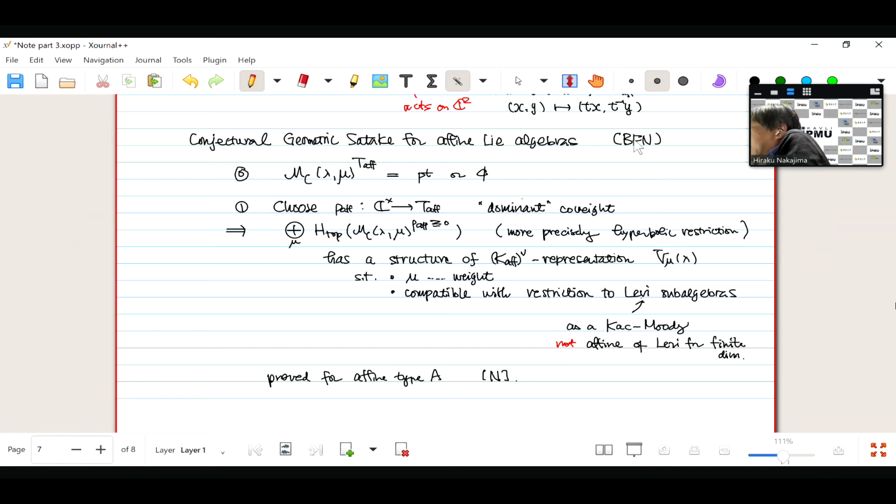So our point is, by this replacement, the geometric Satake can be generalized to a more general setting of Kac-Moody. So this is our statement. This is our conjecture. And in fact, this is proved in affine type A. So we believe that this is true.